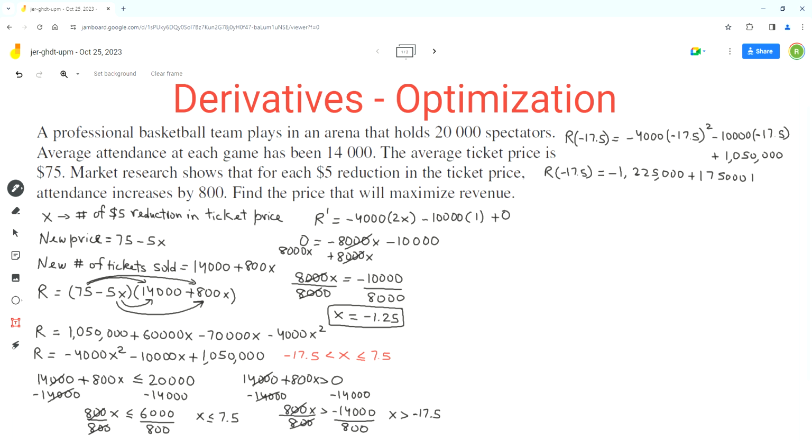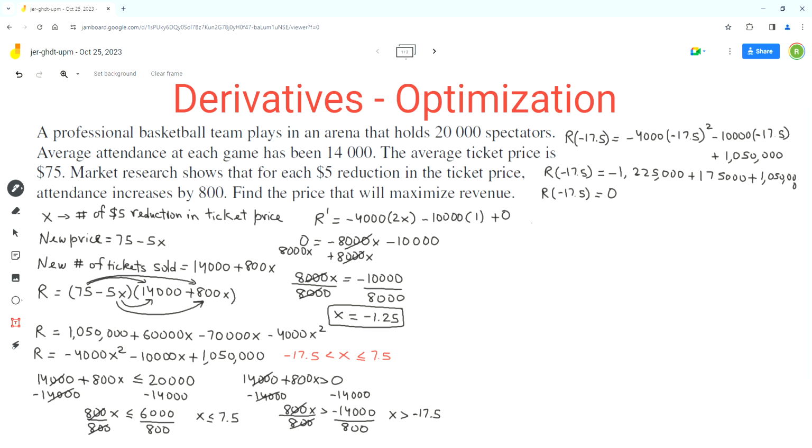And then plus 1,050,000. Now we can combine these three terms. So negative 1,225,000, and then plus 175,000, and then plus 1,050,000. So I got 0. So the revenue at negative 17.5 is equal to 0.